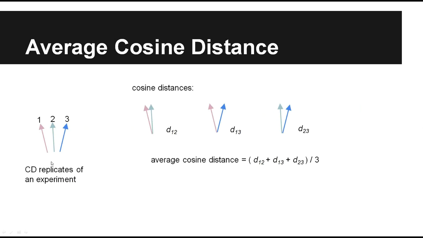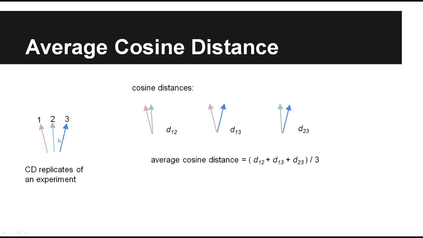So here's an example of CD replicates of one experiment. This experiment has only 3 replicates. If you compare the cosine distance of each pair of these 3 CD replicates, you get 3 different distances.